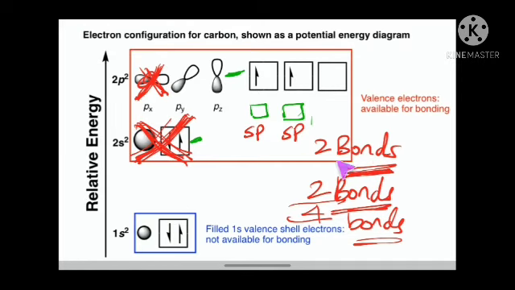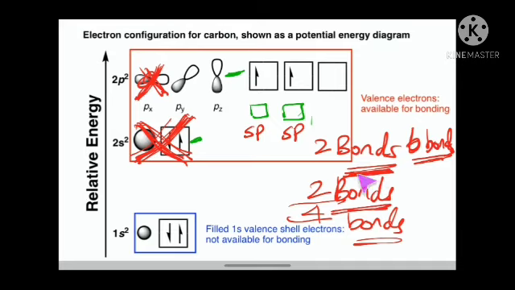These two bonds, which are made from the sp hybridized orbitals, are always sigma bonds. In other words, when you create a bond by two hybridized orbitals, that bond becomes a sigma bond. So in order to create a sigma bond, you need hybridized orbitals. Simple.